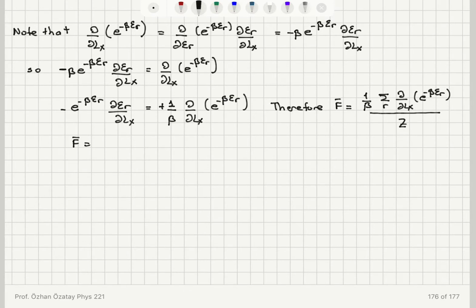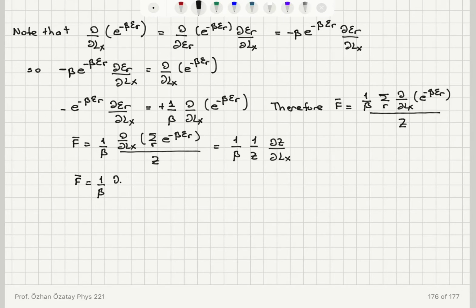F bar is 1 over beta d/dLx sum over r e to the minus beta epsilon r divided by the partition function, and this will be equal to 1 over beta, 1 over Z, del Z del Lx. So we find that the mean force exerted by one molecule is then 1 over beta times the derivative of the natural logarithm of the partition function with respect to Lx.